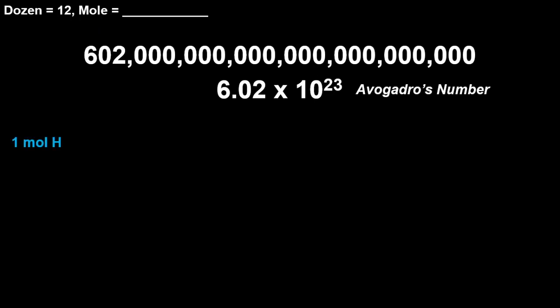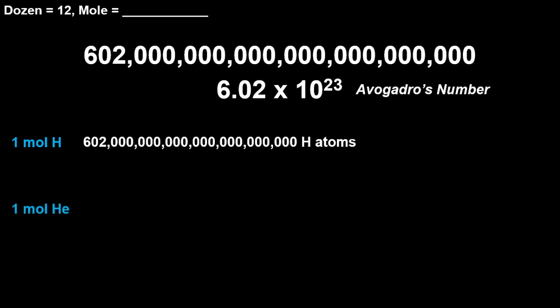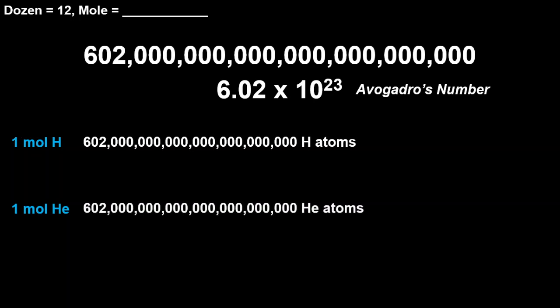1 mole of hydrogen. How many hydrogen atoms are in 1 mole of hydrogen? It's equal to 602 sextillion hydrogen atoms. What if I have 1 mole of helium? How many particles of helium is that? That's also 602 sextillion helium atoms. So again, 1 mole is always this number, and this refers to the number of particles of a substance.